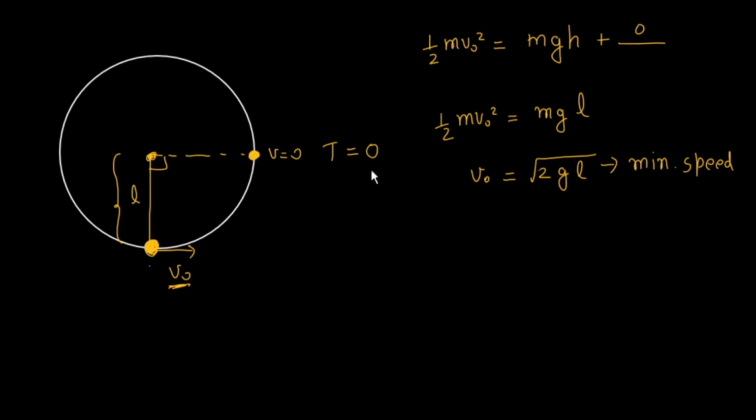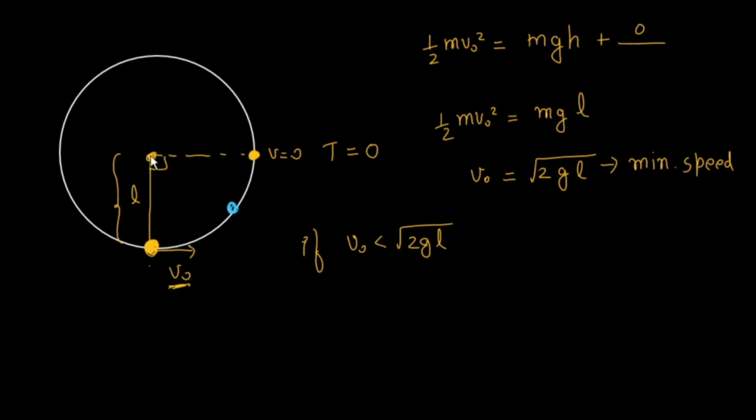Now what other way is there to say the same thing? If you give v naught anything less than under root of 2gL, then your stone will not reach the 90-degree mark. It will reach somewhere midway, say here.